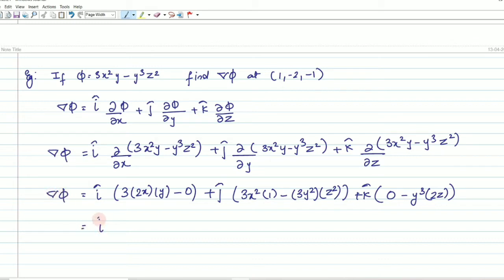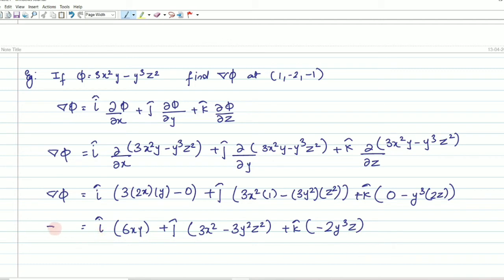We have to further simplify. Here it will be 3 into 2, which is 6xy. Understood? Plus j cap 3x square minus 3y square z square, plus k cap minus 2y cube z.